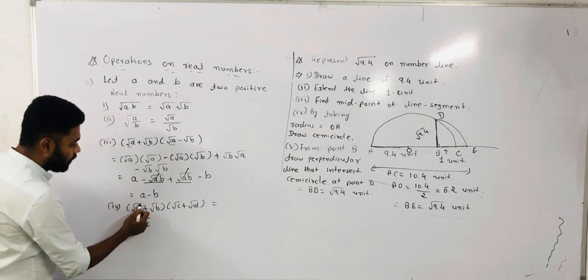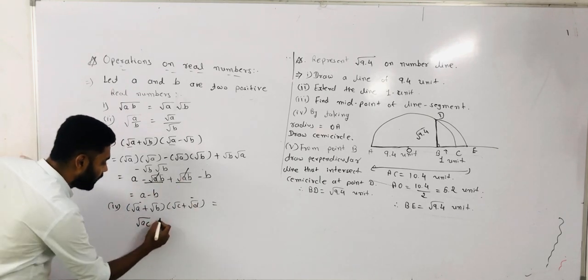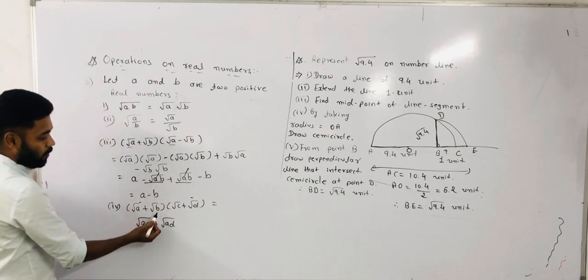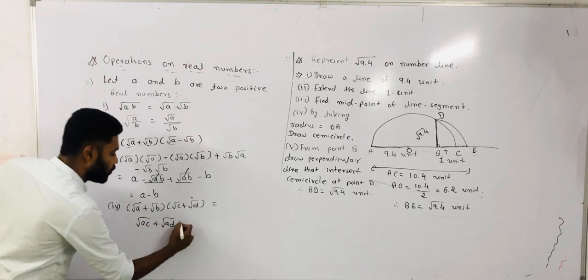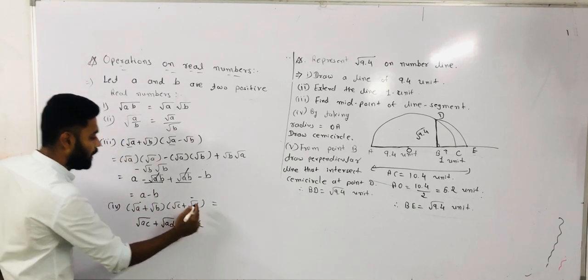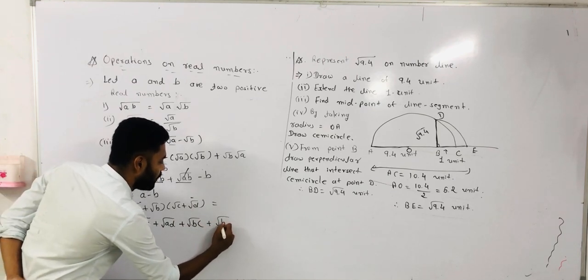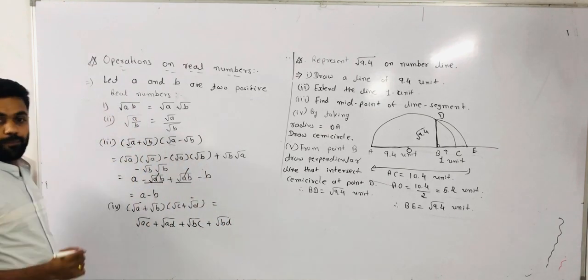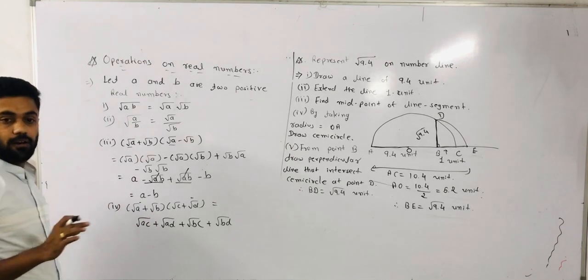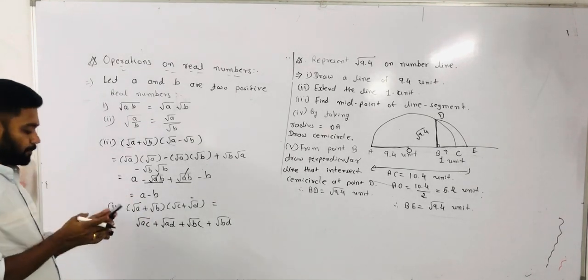Then multiply root A and root D, so you will get under root AD. Now multiply root B and root C, so you will get under root BC, then root B into root D, so you will get under root BD. So this way you can multiply any irrational real number.